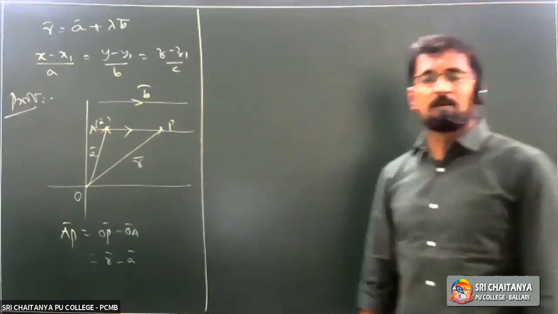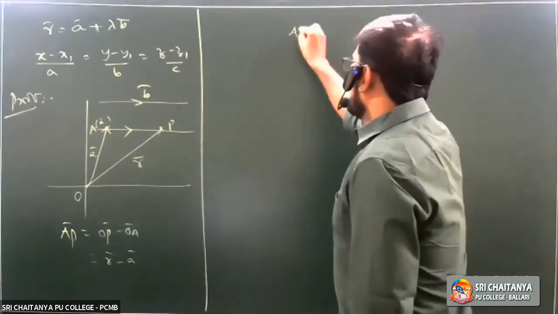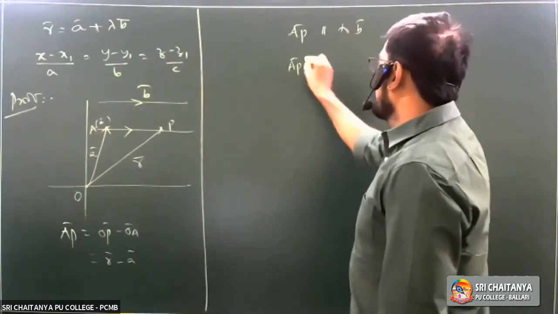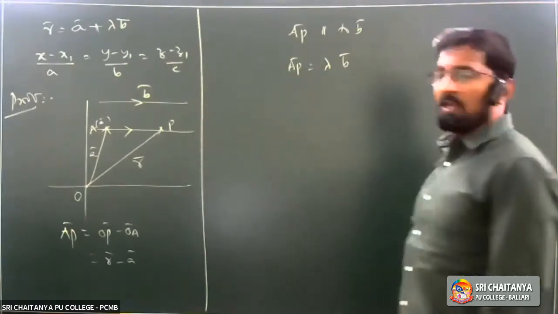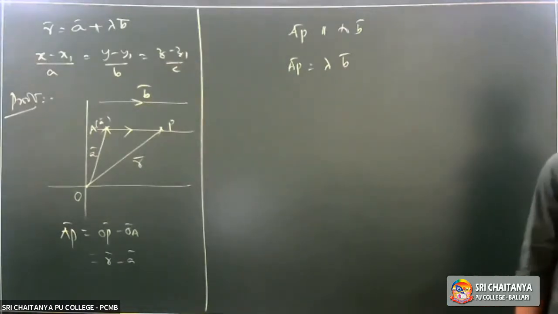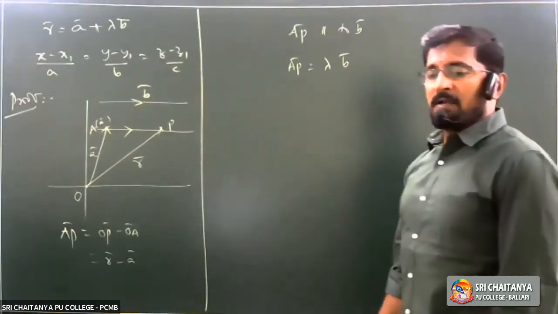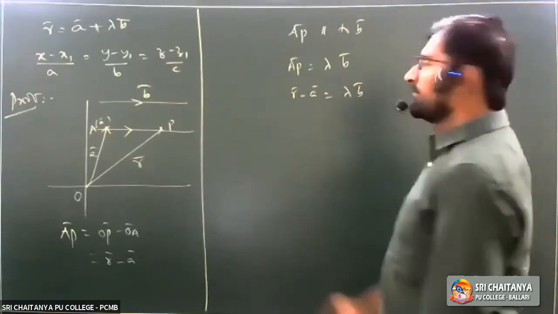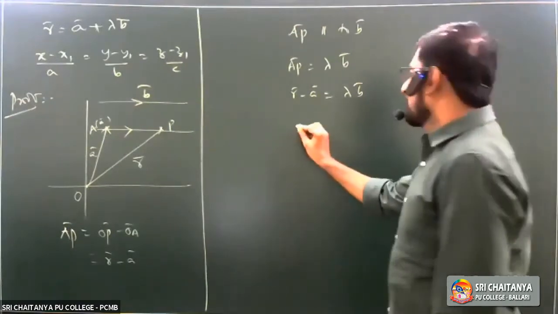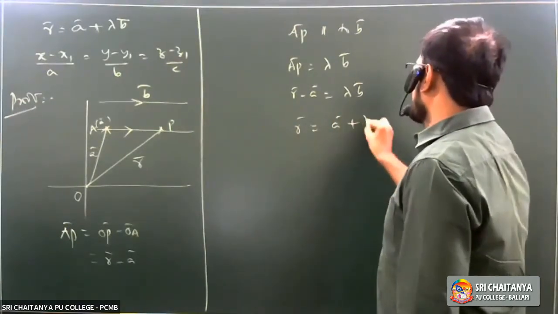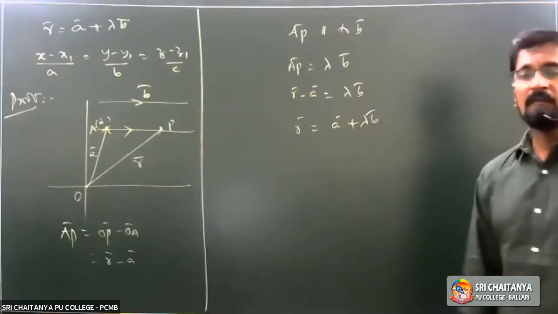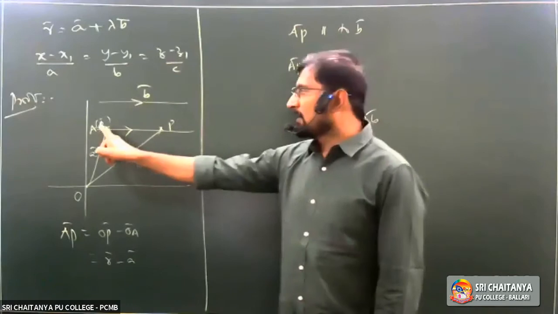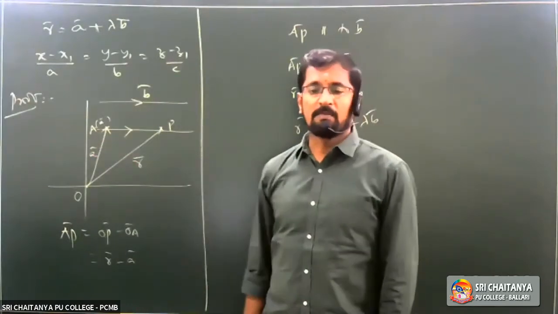One vector is parallel to another vector means one vector is equal to some scalar times the other vector. So AP bar can be written as R bar minus A bar is equal to lambda times B bar. Therefore, R bar is equal to A bar plus lambda B bar is the vector equation of the line passing through one point A and parallel to another vector B bar, okay?